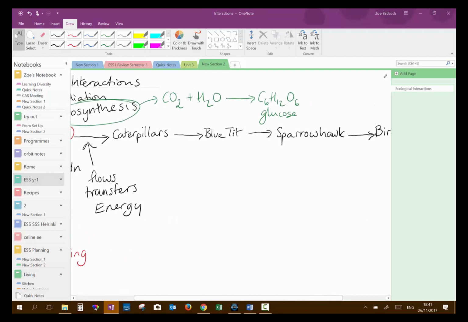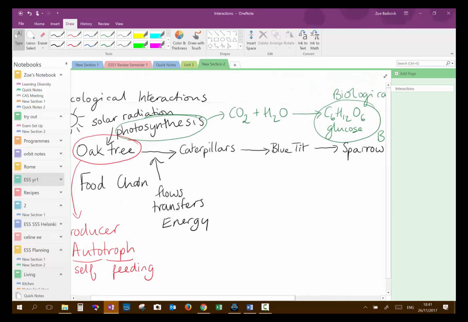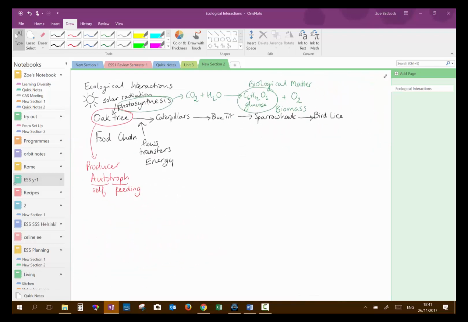But what we've been talking about in class is that this glucose, and we should add that it also produces oxygen, is what we know as biomass. It's the biological material, the biological matter of all organisms.